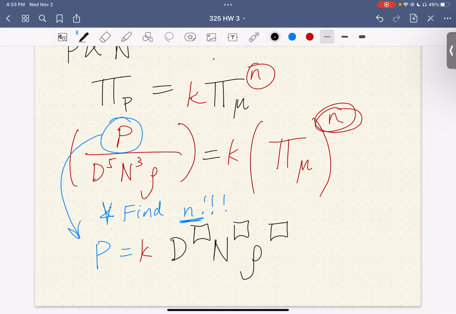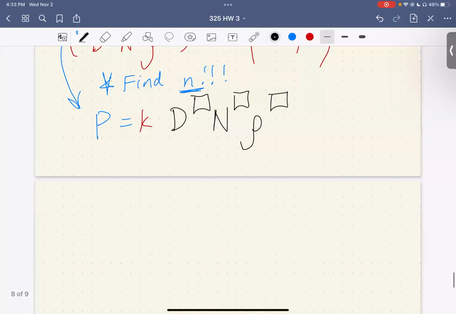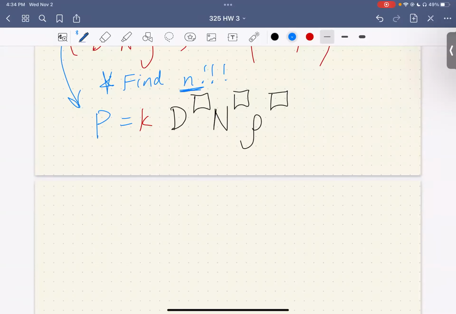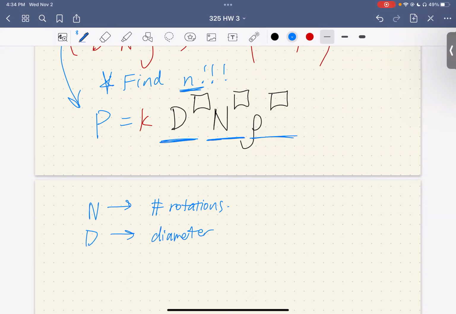Okay? And the great thing about that is now, what is n? N is the number of rotations, right? And actually, we have d, we have diameter, and we have rho, which is density.